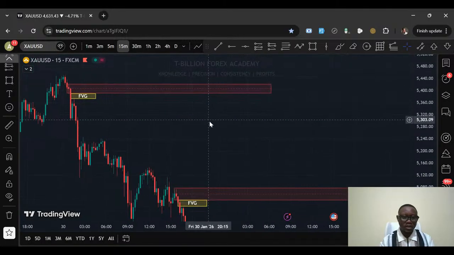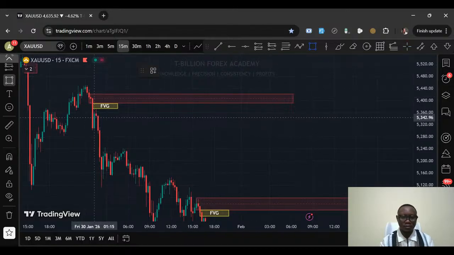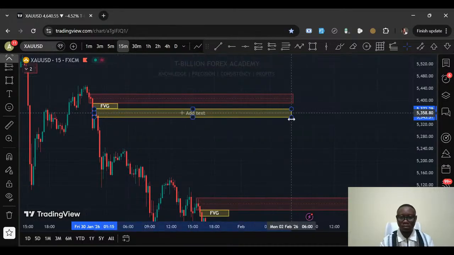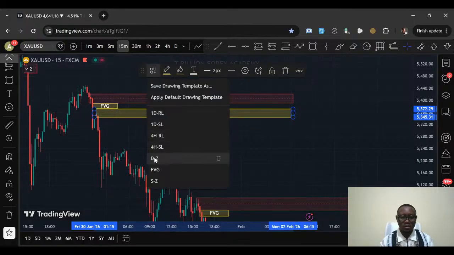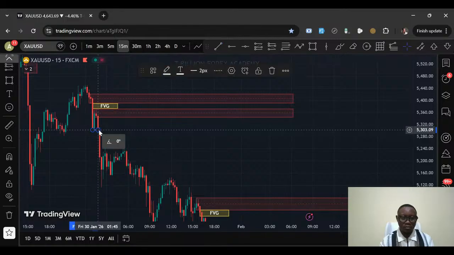Okay. So I can see another 15-minute order block zone, which is this. Of course, this is our break of structure.